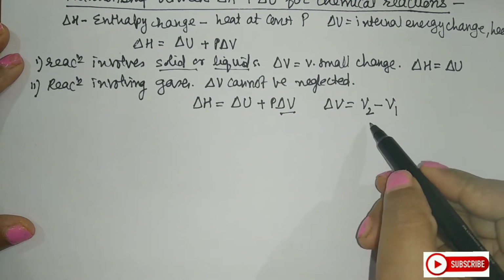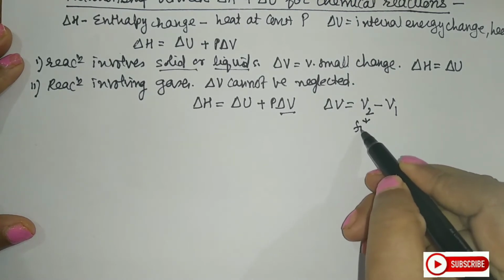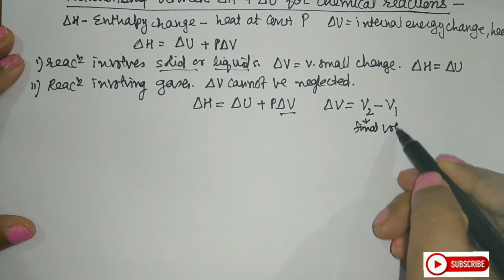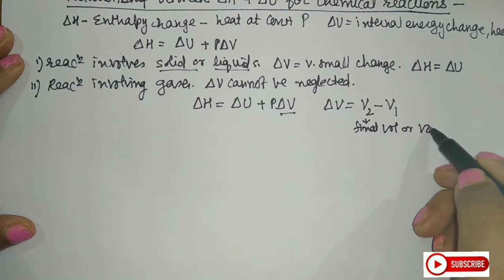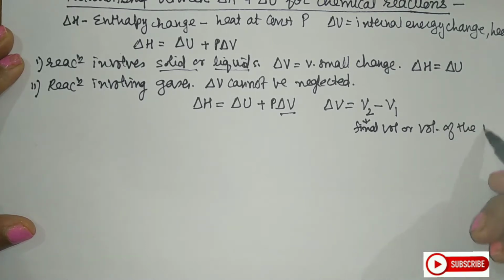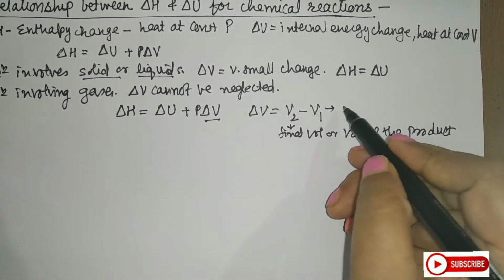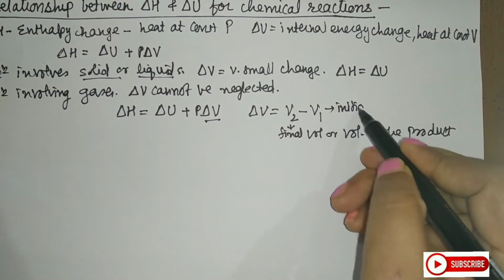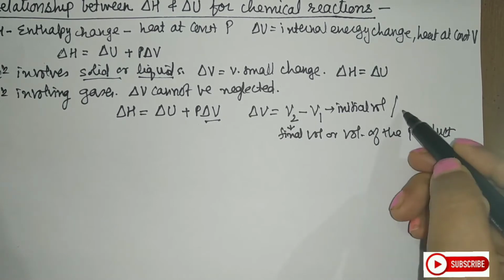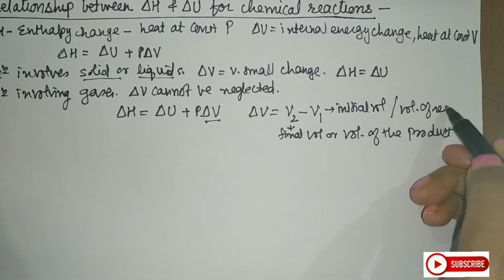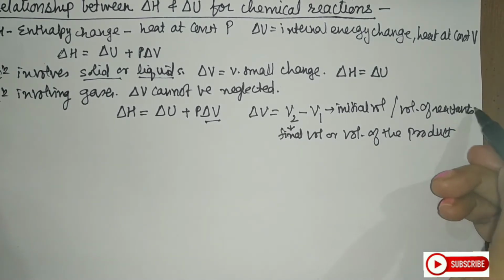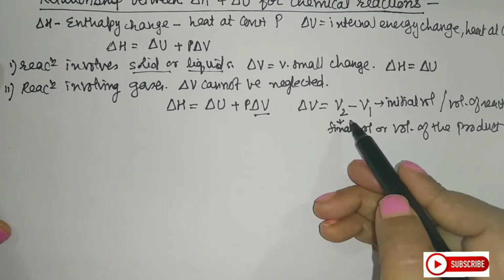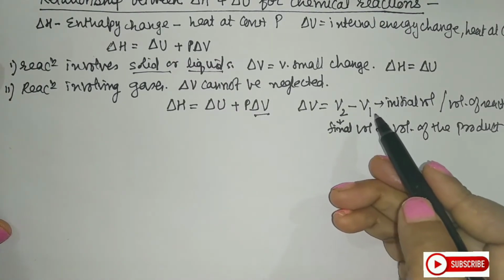Now what is V2? V2 we call as the final volume, or it is the volume of the products. And what will be V1? This is the initial volume or volume of reactants. So delta V is equal to V2 minus V1.